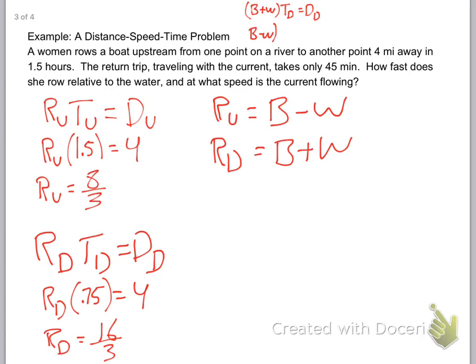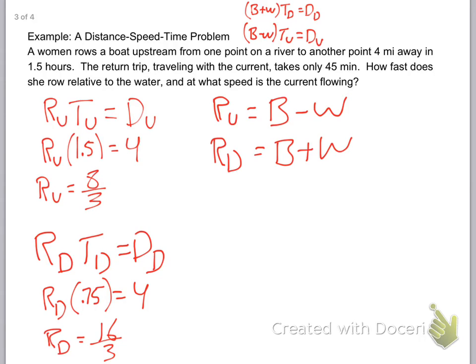Boat minus water, TU equals DU. I know I did that with my kids. This allowed us to just put things in. Because remember, last year's problems dealt with the fact that you were going 4 times the speed of the water, right? Or the air that was in.